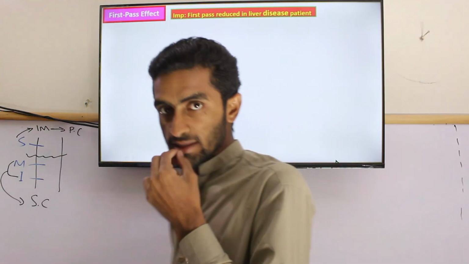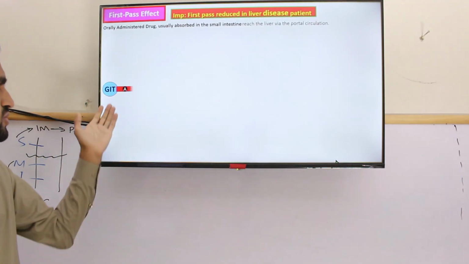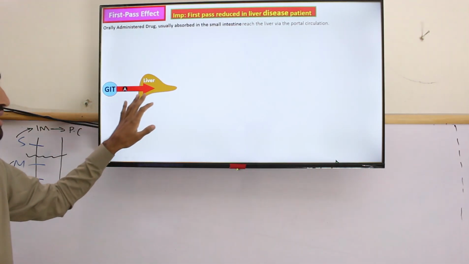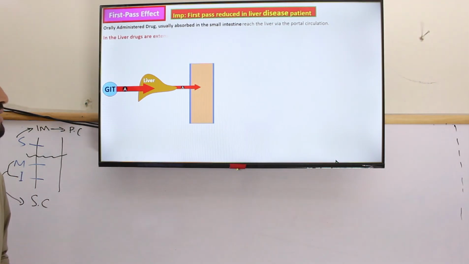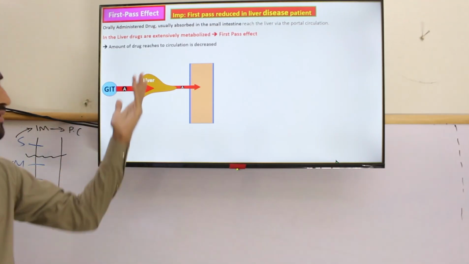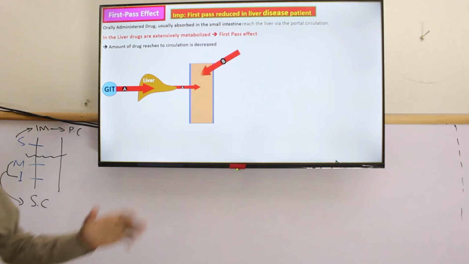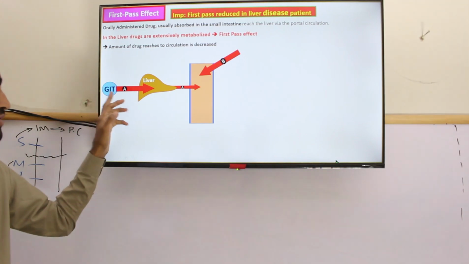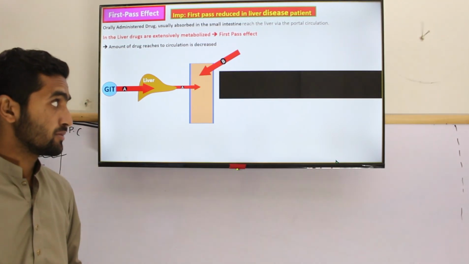Now look at the other situation. It's the same idea. Your drug enters the GIT, then into the liver, then it goes into your systemic circulation. Then the amount of drug that reaches the circulation is decreased. So for this, B is actually showing you the intravenous route, where there is no absorption and no first pass metabolism.